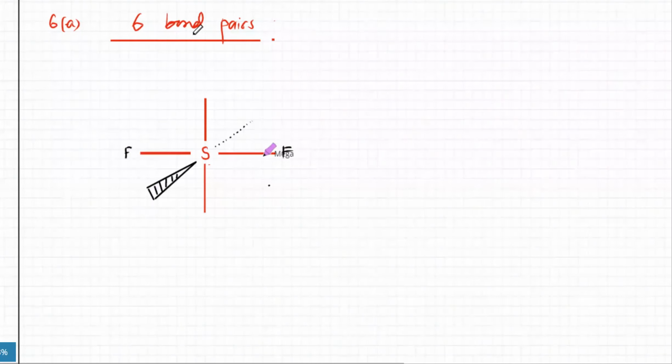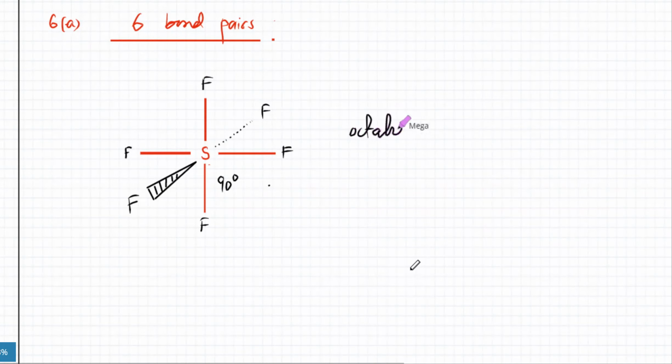There's 1 bond on top, 1 at the bottom, 1 on the right side, 1 on the left side, 1 in front of you, and 1 behind you. So 6 fluorines as far away from each other as possible. And usually they talk about the smallest angle. So the smallest angle would be 90 degrees between the 2 fluorine atoms. Like this bond and this bond, the angle is 90 degrees, and this is going to be an octahedral shape.